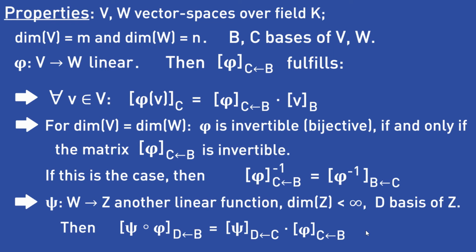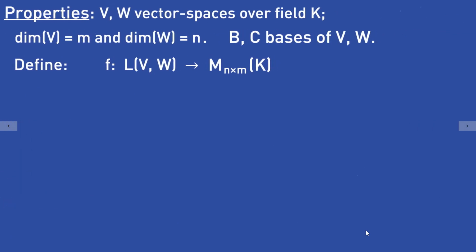Furthermore, we have the following result. We can define a function f from the space of all linear functions from the space V to the space W to the space of all n times m matrices with entries in the field K the following way.